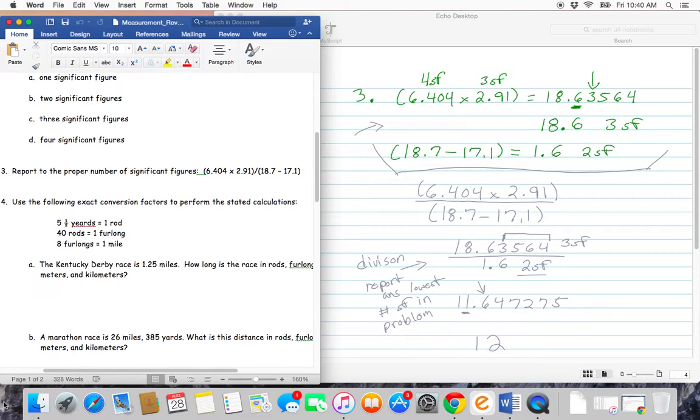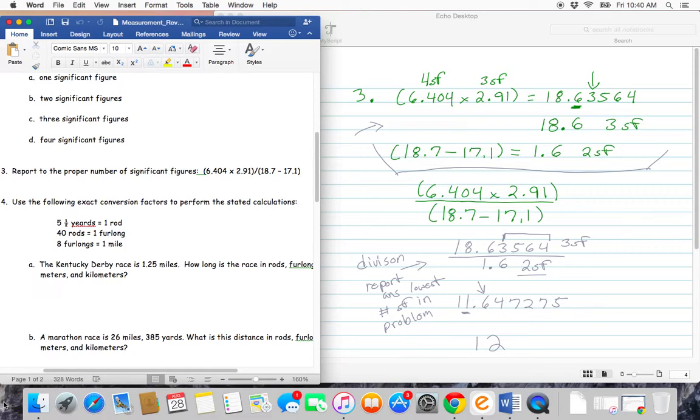So now that we see that we have 18.6 and 1.6, let's look at what this problem looks like when we do the entire computation together and show you what you should do. If we write the problem as it's written, 6.404 times 2.91, and that's all divided by 18.7 minus 17.1.